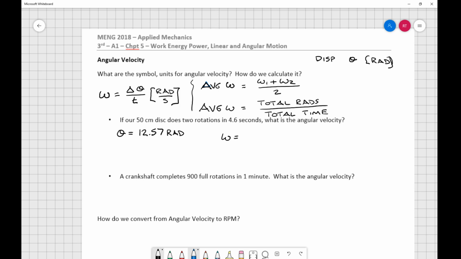So omega is equal to the number of radians over time, 12.57 radians by 4.6 seconds, which is 2.73 radians per second.